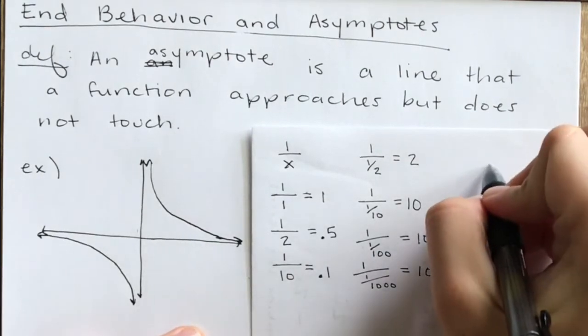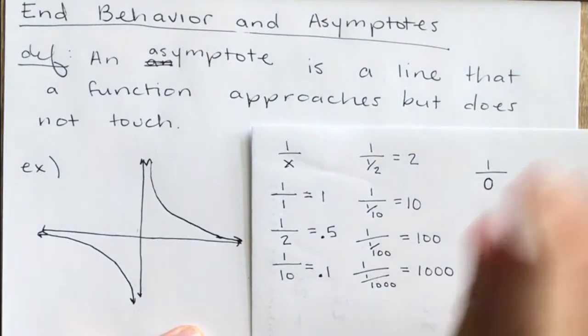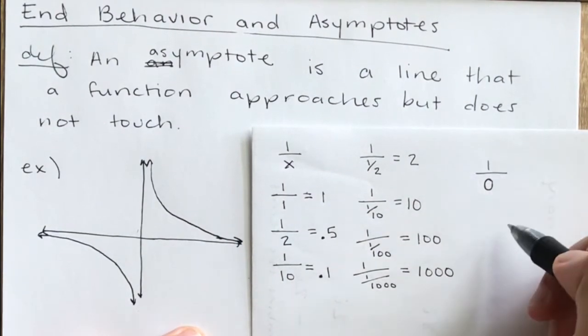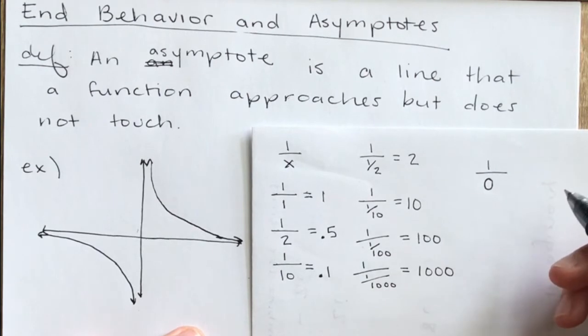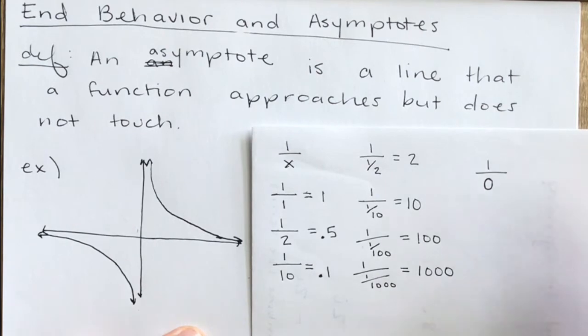What happens if I try and think about 1 over 0, right? This is asking how many times does 0 fit into 1? What's the answer? We can fit as many zeros into 1 as we want, right? If something takes up no space, how many of them can you fit into a box?